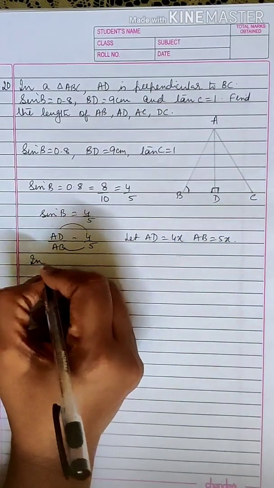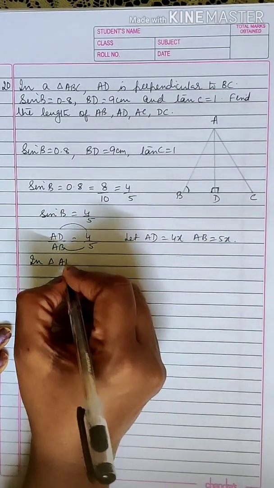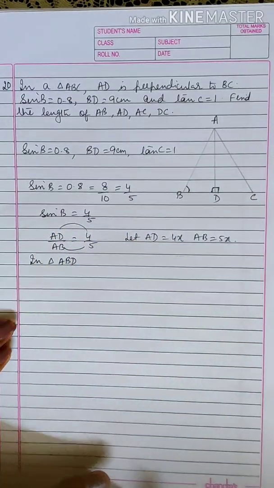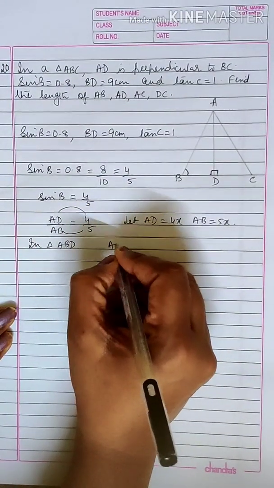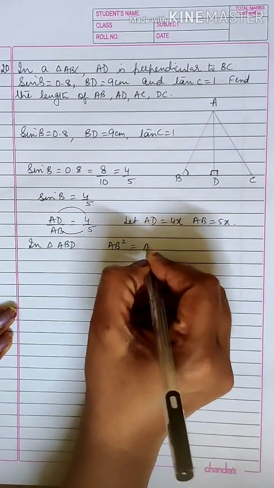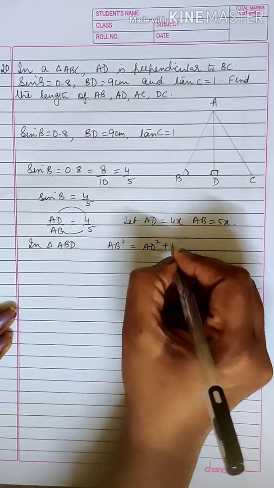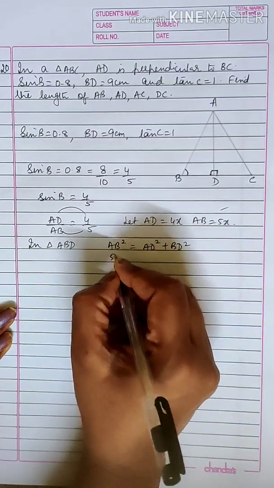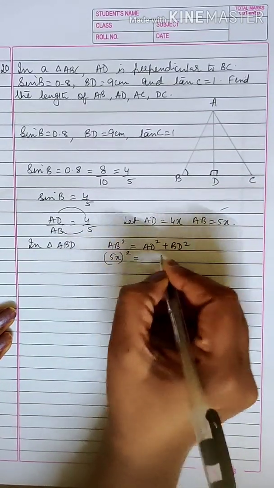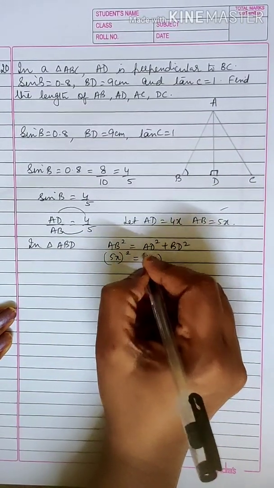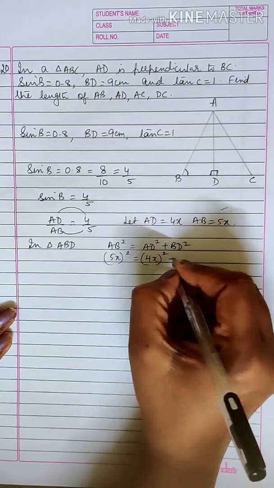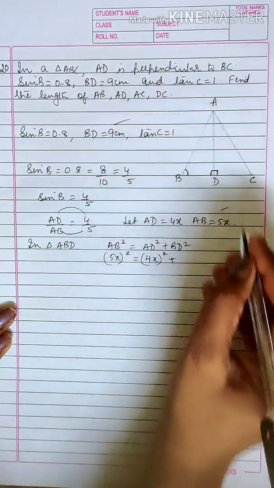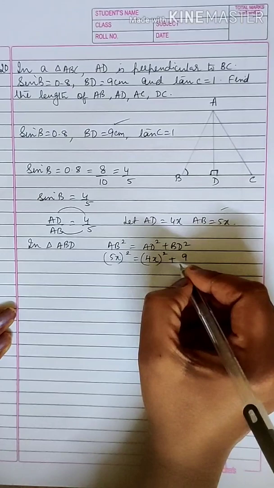Now in triangle ABD, apply the Pythagoras theorem, which is AB square is equal to AD square plus BD square. So AB square will be 5x the whole square is equal to AD is 4x the whole square plus BD square. Now BD is given as 9 centimeter.